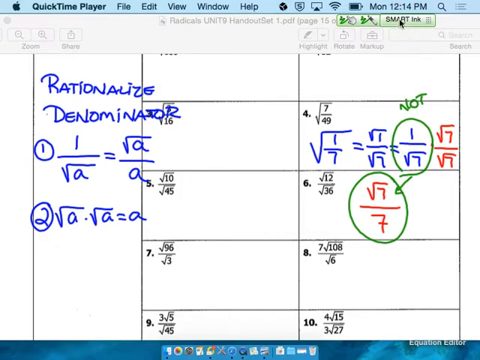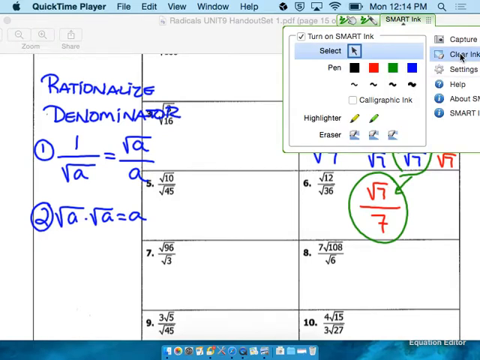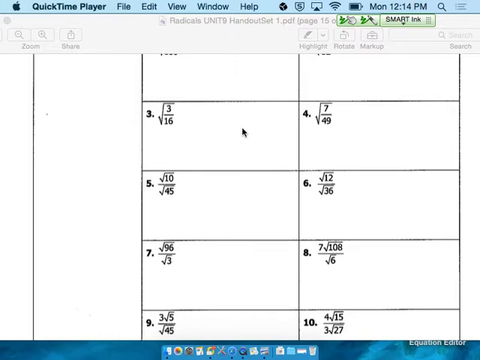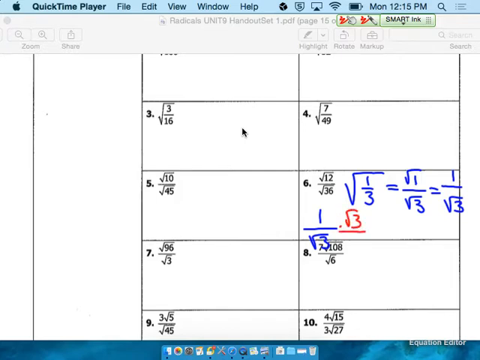Let's do number 6 together. Underneath the radical, this simplifies to 1/3, which I would then break into two pieces: the square root of 1 over the square root of 3, which is 1 over radical 3. In order to write this so that the denominator is a rational number, I'm going to multiply by radical 3 over itself.